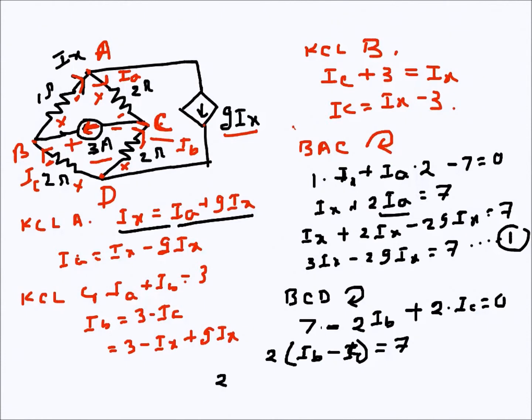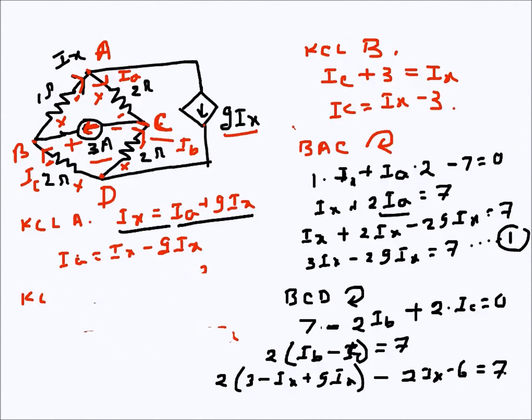So IB is 3 minus Ix plus Gix, and this one is IC, which is 2 times Ix minus 6, is 7. So I will have to write here maybe somewhere.